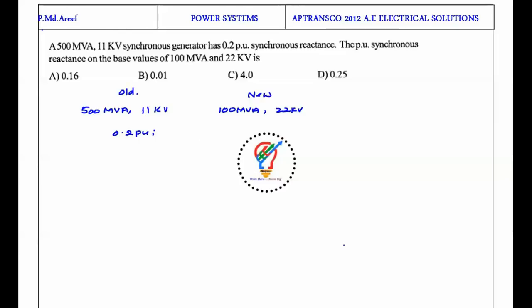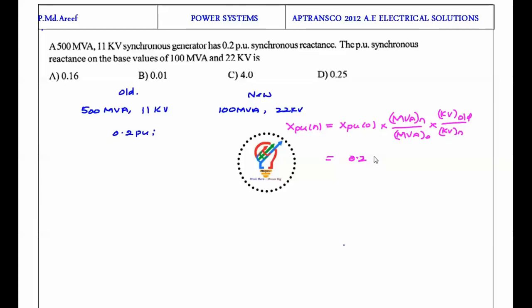Now we have the formula. X per unit new is equal to X per unit old times the MVA new divided by MVA old, times kV old divided by kV new, squared. By substituting these values in this formula we'll get the answer. X per unit old is already 0.2.